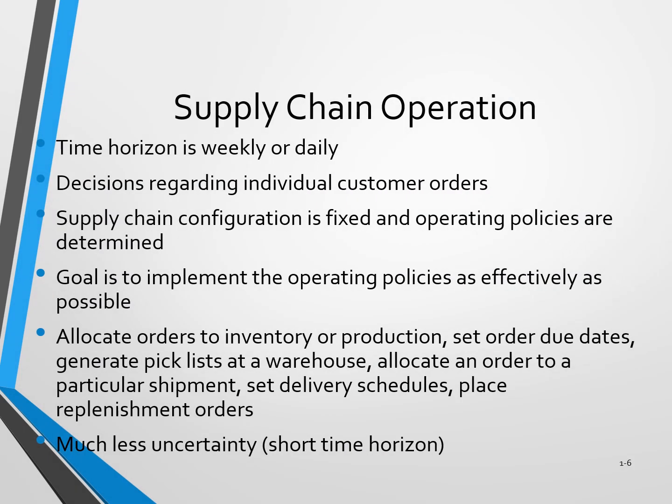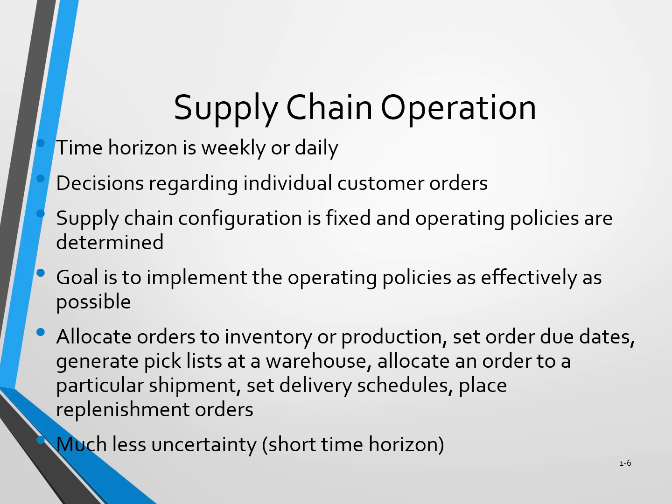Supply chain operation. Here the time horizon is either weekly or daily, just like a daily report or weekly report. These are decisions regarding individual customer orders. Supply chain configuration is fixed and operating policies are determined. The goal is to implement the operating policies as effectively as possible.